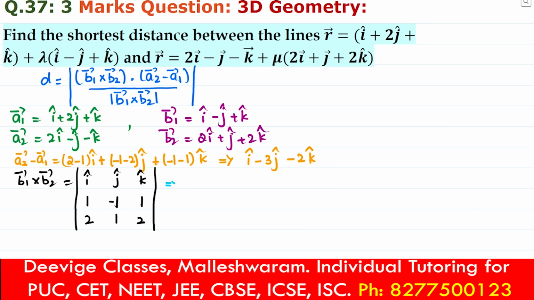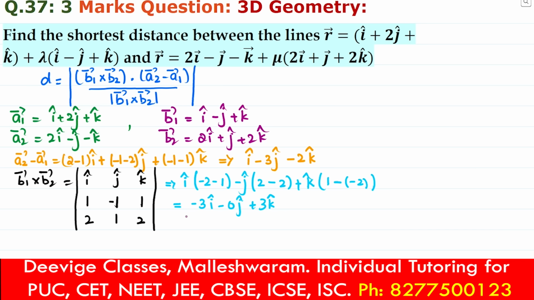That equals i into (−1 × 2 − 1 × 1) which is −3, minus j cap into (1 × 2 − 1 × 2) which is 0, plus k cap into (1 × 1 − (−1) × 2) which is 1 + 2 = 3 k cap. So it is −3 i cap − 0 j cap + 3 k cap.